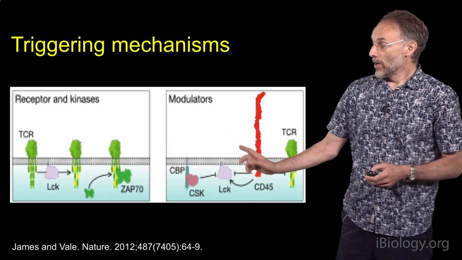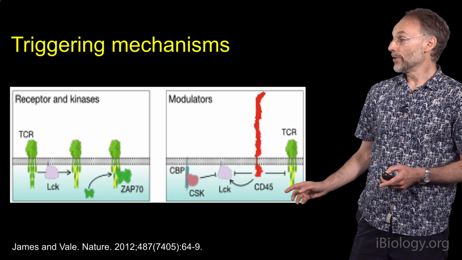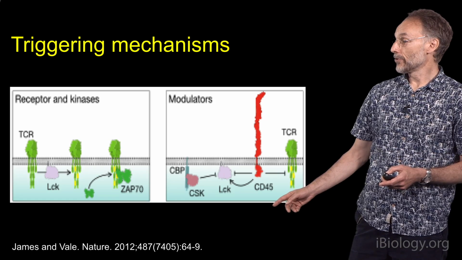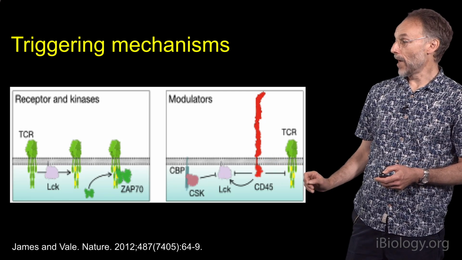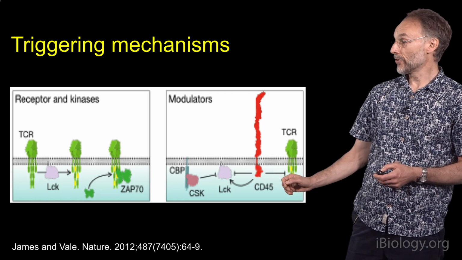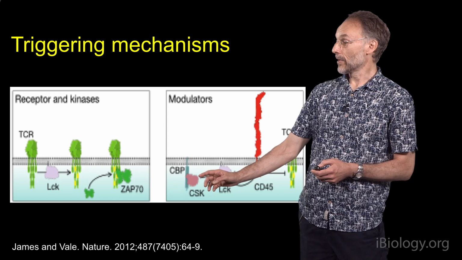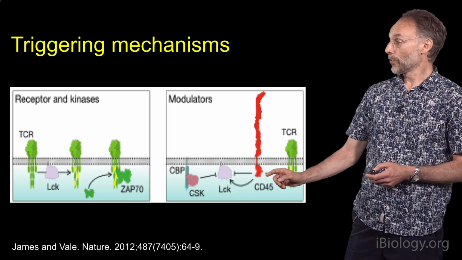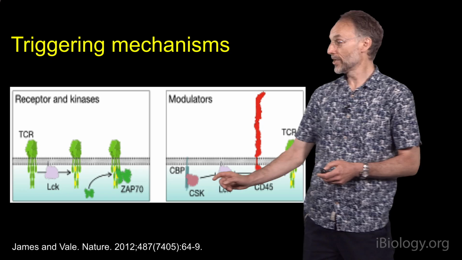This signaling process is modulated by a number of other proteins, and this paper published a couple years ago from James and Vale reconstituted this process in non-lymphocytes using a combination of the T-cell receptor, the kinases I just described, and then the modulators CSK, a kinase that actually inhibits LCK by phosphorylating it, and CD45, a phosphatase that antagonizes the CSK-mediated inhibition.